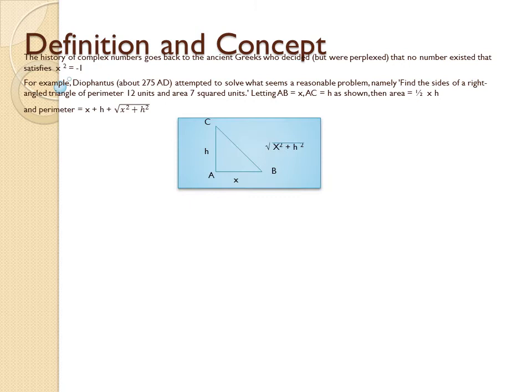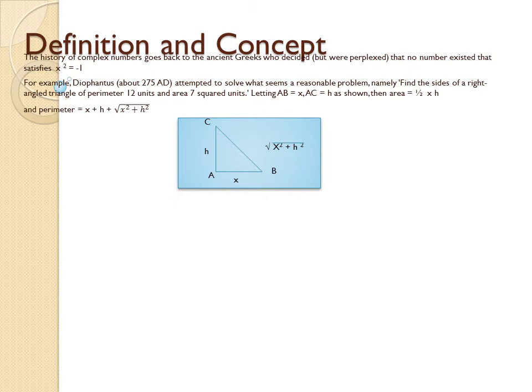So let us take our right angle triangle exercise. Let's say ABC is a triangle where AB is the base and AC is the perpendicular. So the hypotenuse is root over of x square plus h square, because this is a right angle triangle. We are considering AB equal to x, that is the base equal to x, and AC, the height, is denoted as h.